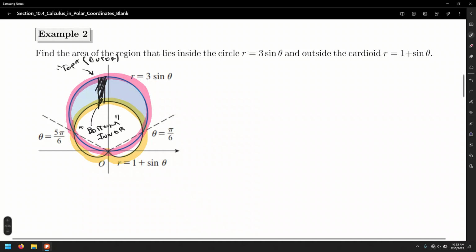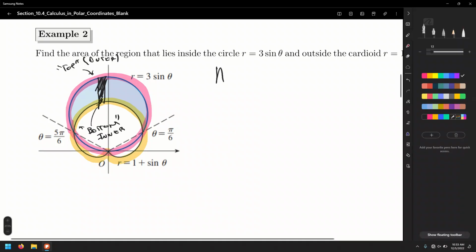So let me define this area as A equals top minus bottom, which is really outer minus inner. All right, outer minus inner.